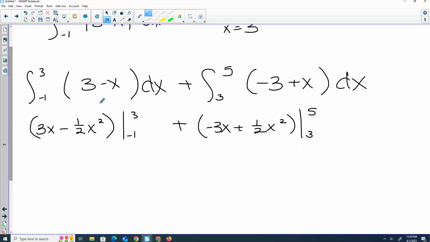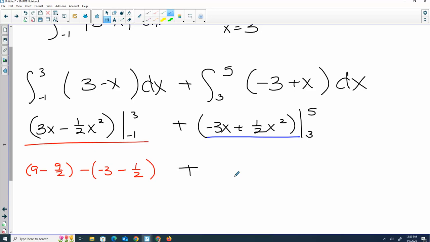So if I plug in my 3, 3 times 3 is 9, minus 9/2. Minus, if you put in negative 1, you get negative 3 minus 1/2. Look here, if you put in a 5, negative 15 plus 25 over 2. Minus, if you put in a 3, negative 9 plus 9/2.